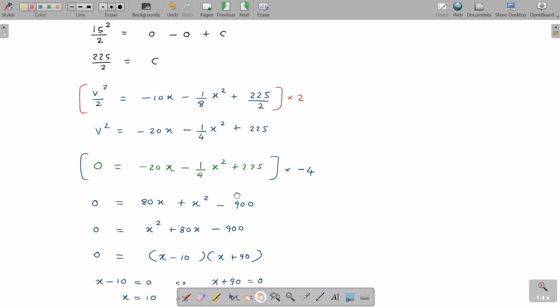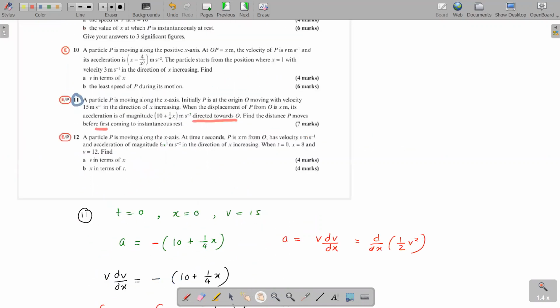So actually you can tell it from the question. The particle is moving along the x-axis. Initially the particle is at the origin moving with velocity 15 meters per second in the direction of x increasing.